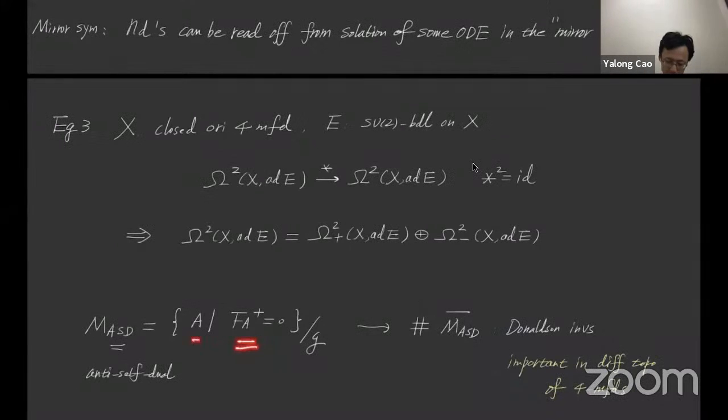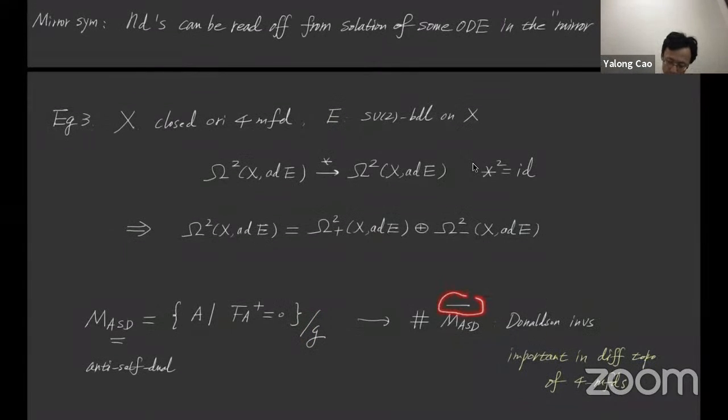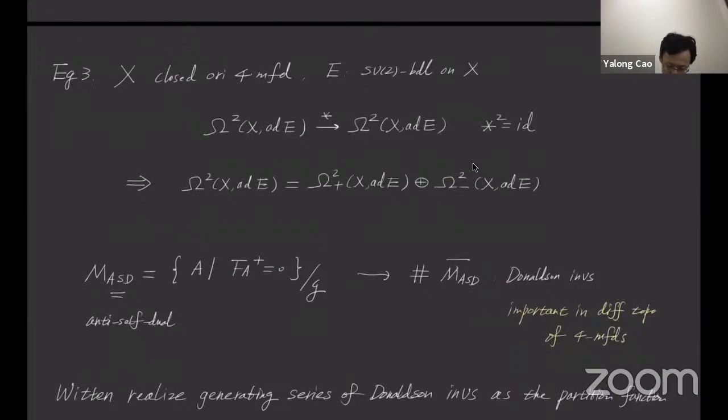This is a unitary connection such that the self-dual part of the curvature is 0. Then we can consider the moduli space of ASD connections, meaning we quotient out by the equivalence relation of gauge transformation. Then we can compactify the space, orient the space, and count the space. So these are the famous Donaldson invariants, which are quite important in the smooth topology of 4-manifolds.